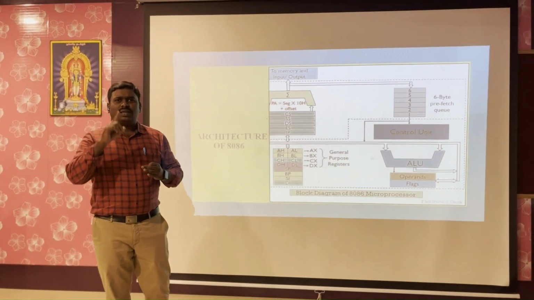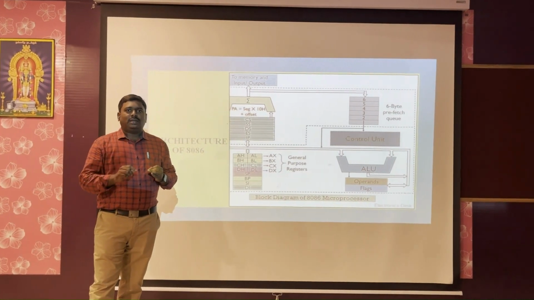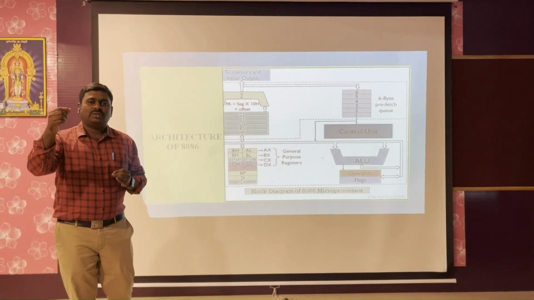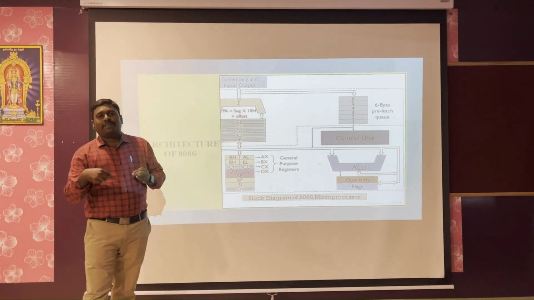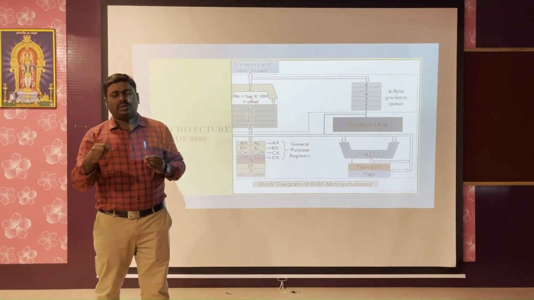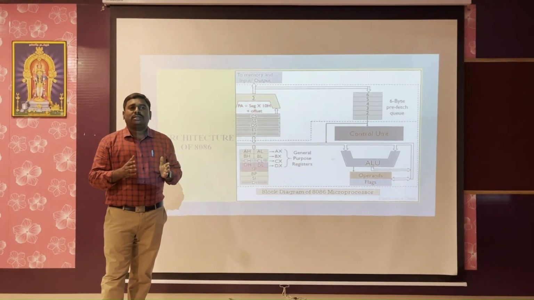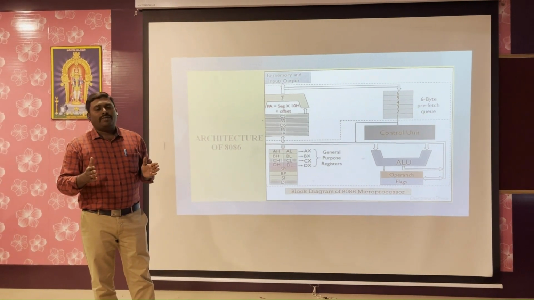In the first cycle, an instruction is prefetched. In the second cycle, that instruction is decoded while another instruction is prefetched. In the third cycle, the instruction is executed while another instruction is decoded. This process is called the pipeline process, so this architecture has a pipeline.